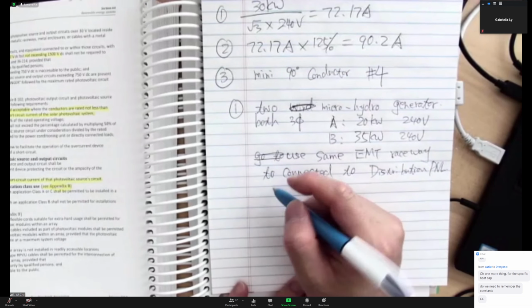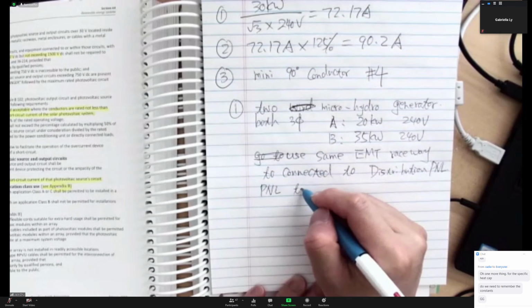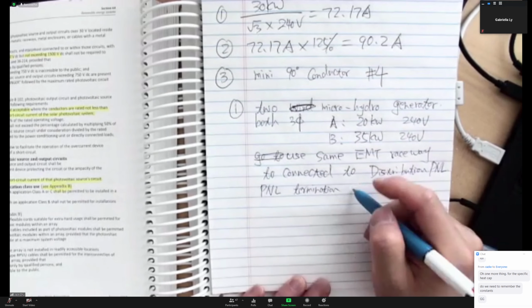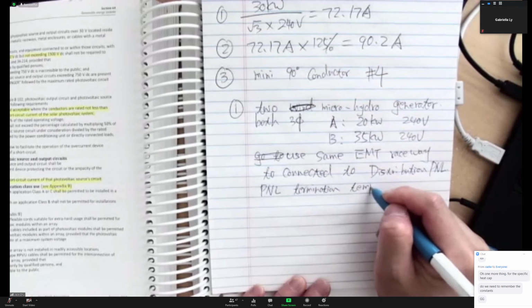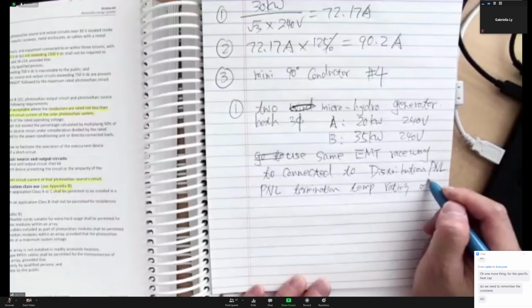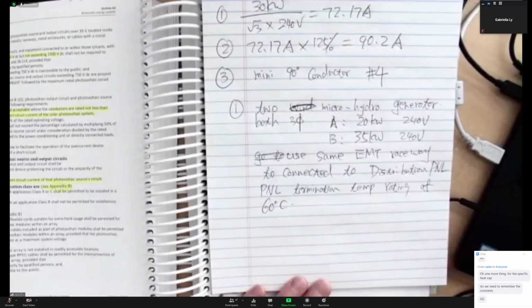The panel has a termination temperature rating of 60 degrees.